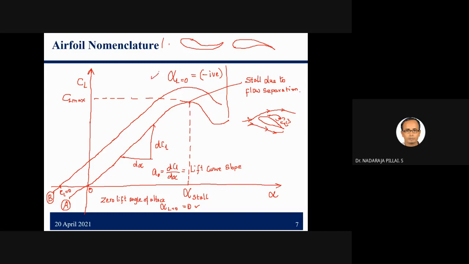Okay, good. So we have the lift curve slope, which discusses the zero lift angle, and then the stalling, flow separation, right? So we will have a detailed discussion on flow separation, right? Again, what does the CL max correspond to? CL max.